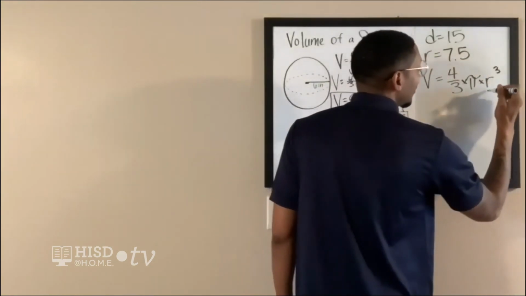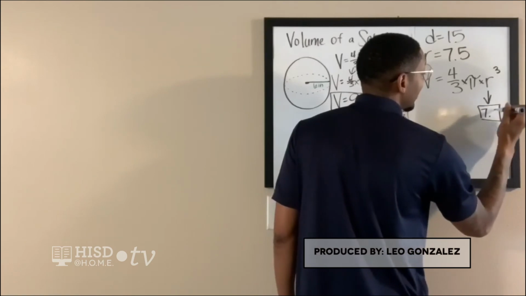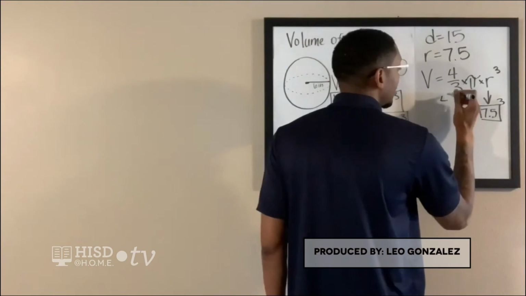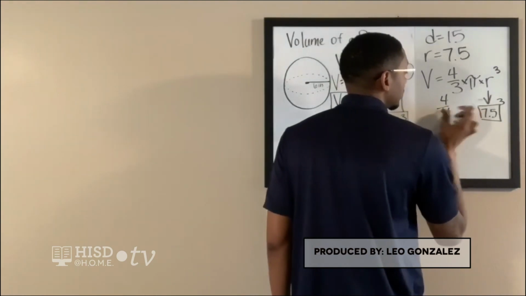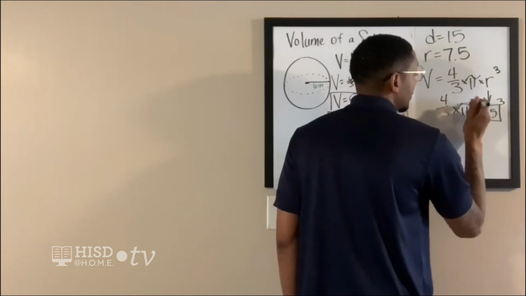So all we have to do is in that radius's place, 7 5/10 raised to the 3rd power. We just bring down that 4/3 times pi.